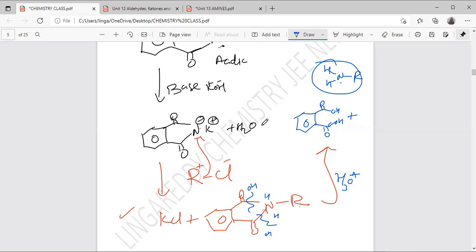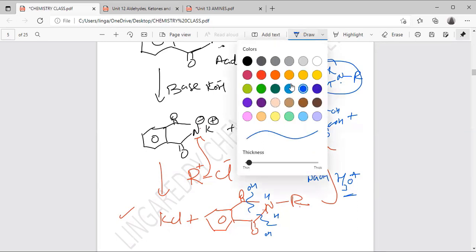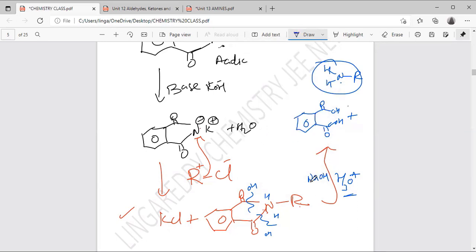Yes, sir. In the textbook, instead of acidic hydrolysis, they did basic hydrolysis with NaOH. If you take NaOH, a salt is forming instead of acid: COO minus Na plus on both sides.